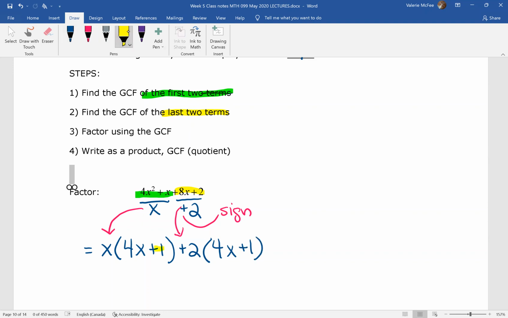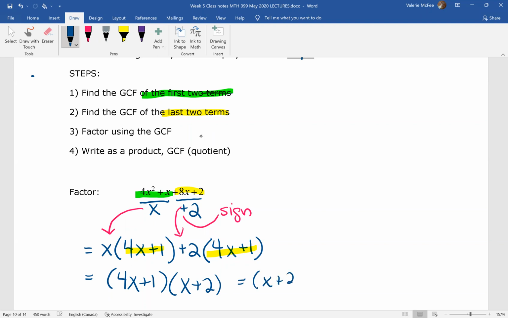We see we have our greatest common factor, 4x plus 1, leaving a quotient of x plus 2. Now remember that order doesn't matter. We could write this as x plus 2 times 4x plus 1. Either one of those is correct.